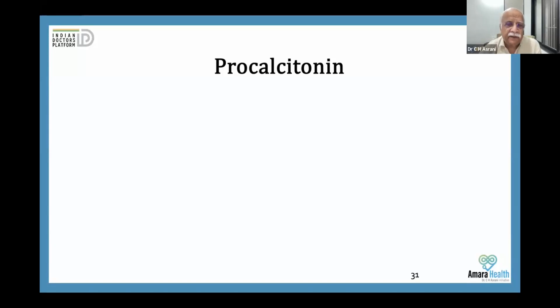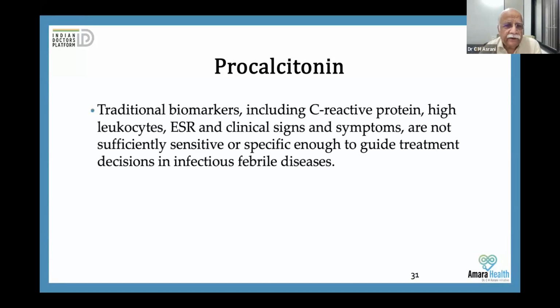Procalcitonin is a test for sepsis. Traditional biomarkers, including C-reactive protein, high WBC count, high ESR, and clinical signs and symptoms, are not sufficiently sensitive or specific to guide treatment decisions in infectious febrile illness.